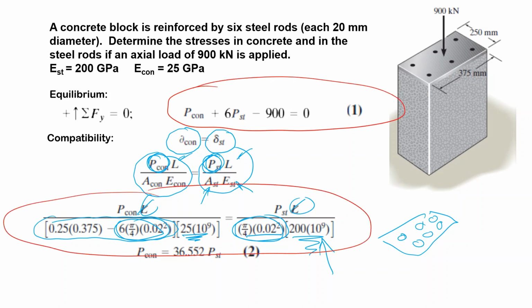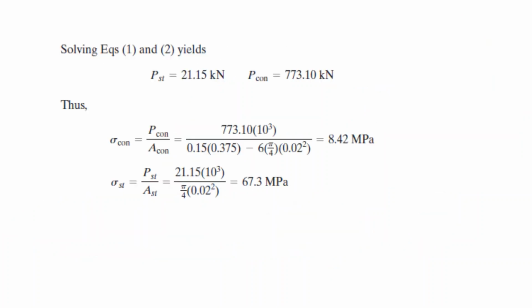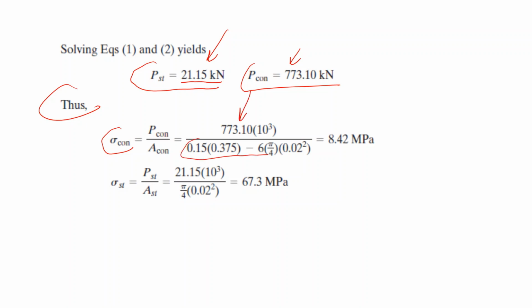And if you solve these two, the solution is: each steel rod is under a compression of 21 kilonewton. Total concrete, 773 kilonewton. Stresses: concrete, the total load and the total area on the concrete, that will be 8.42 megapascal compression stress in the concrete.